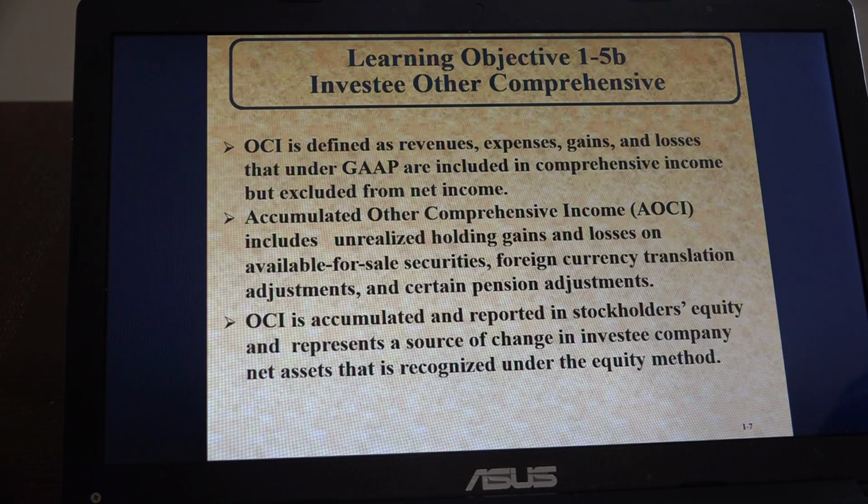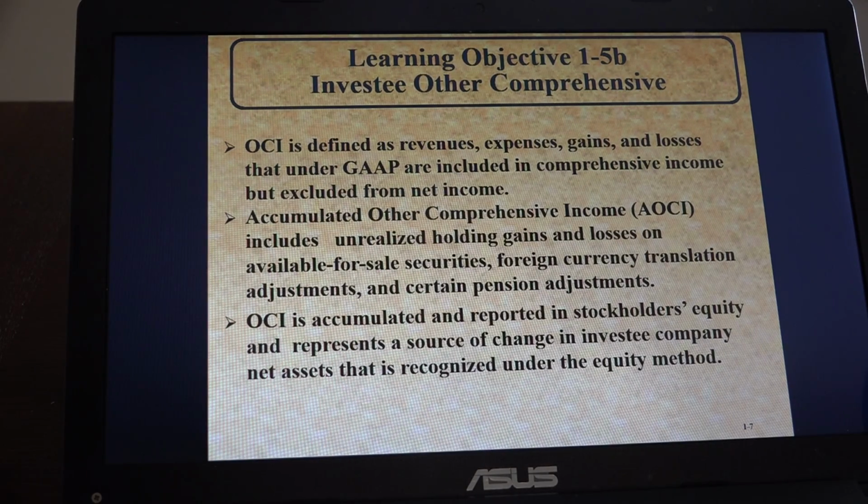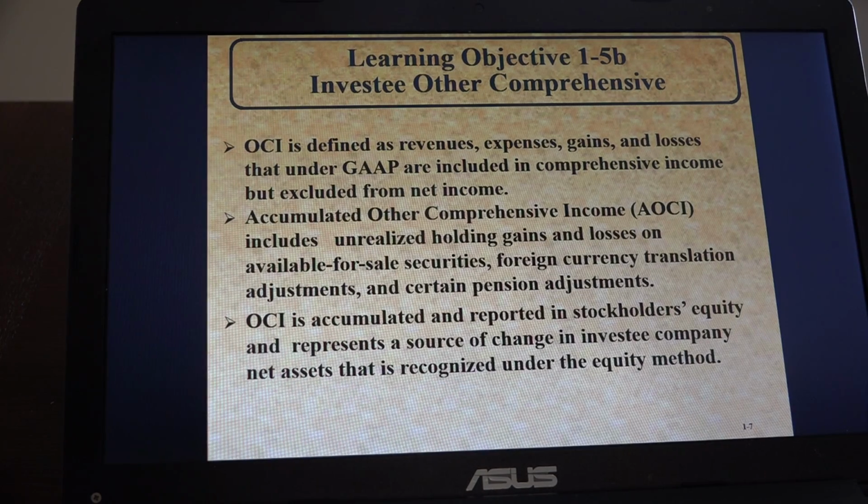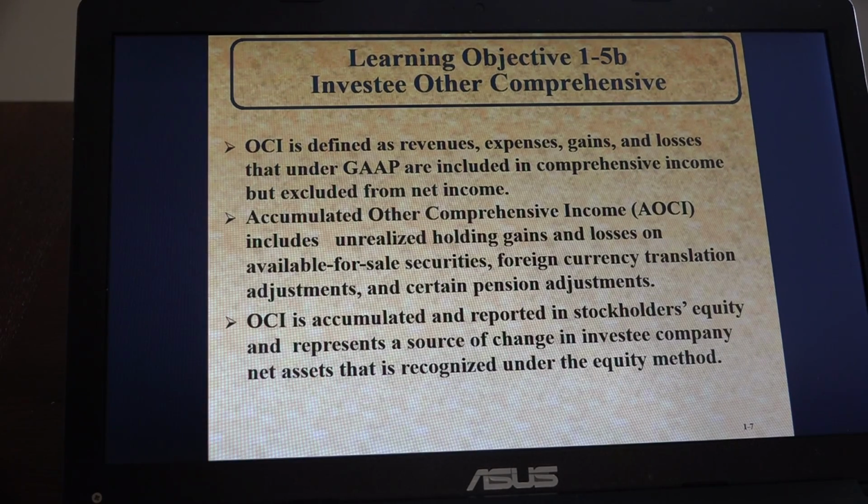And so they have an example here in the book where Charles Company applies the equity method, accounting for its 30% investment in the voting stock of Norris County. No excess amortization resulted from this investment.